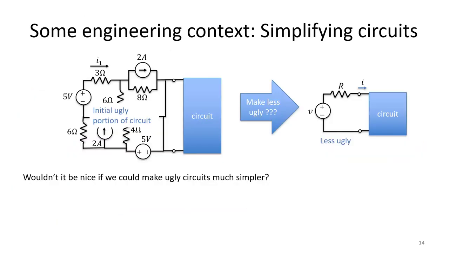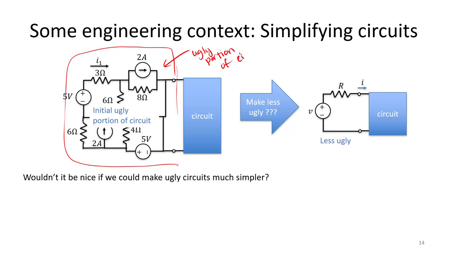Here's another area where equivalent circuits are incredibly useful. Suppose we have one large circuit and part of our circuit is really ugly. Like suppose you have a really ugly portion of your circuit connected to some other part of your circuit which is not ugly.